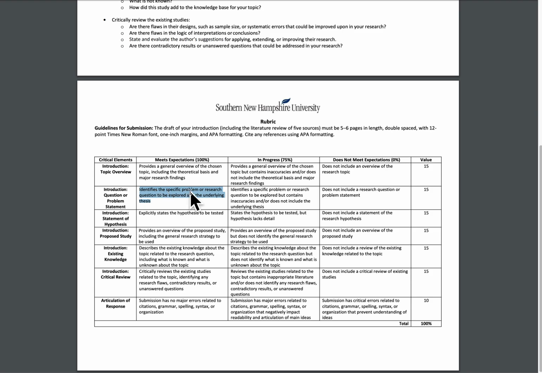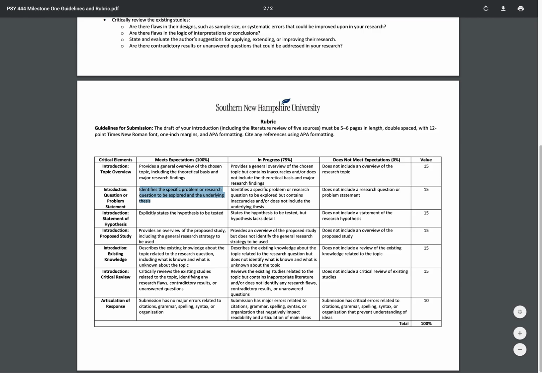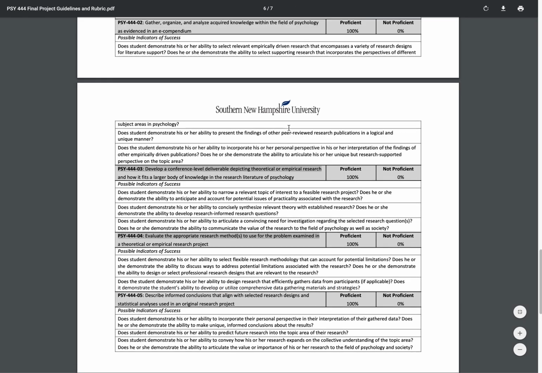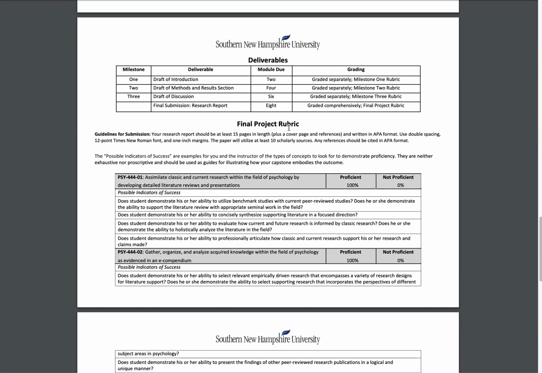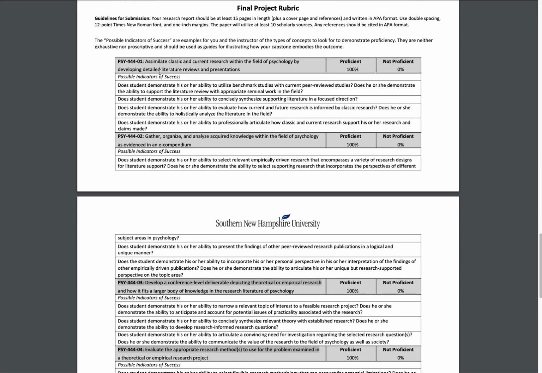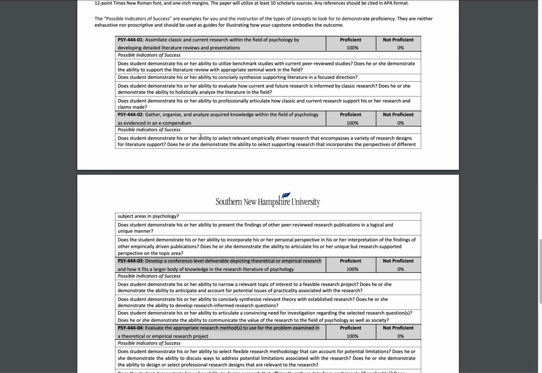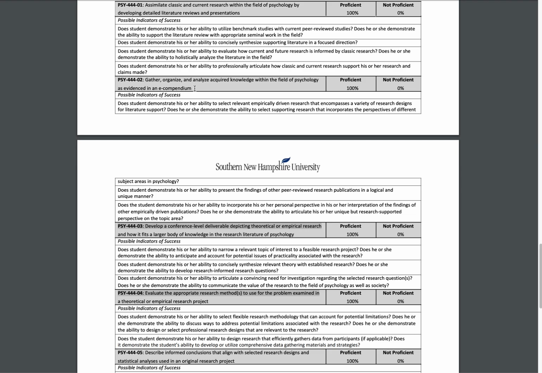That means identifying the specific problem or research question to be explored and the underlying thesis. I also want to point out that if you're looking at the final project rubric, what you're doing now goes with this one.